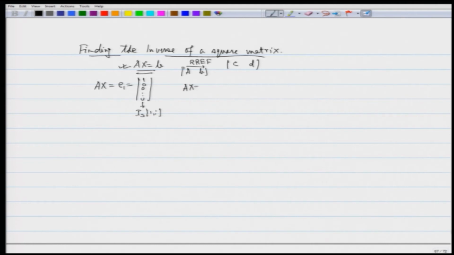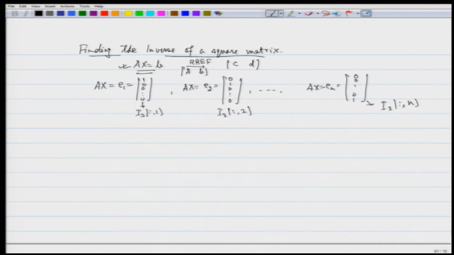Similarly, I would like to solve the system Ax equal to E2, which is nothing but 0 1 0 0, the second column of the identity, and so on till the last, Ax equal to En, which is 0 0 0 and 1, the last column. I wrote it wrongly here; these are columns, not rows, so it is the transpose. So, first column, second column, and so on.